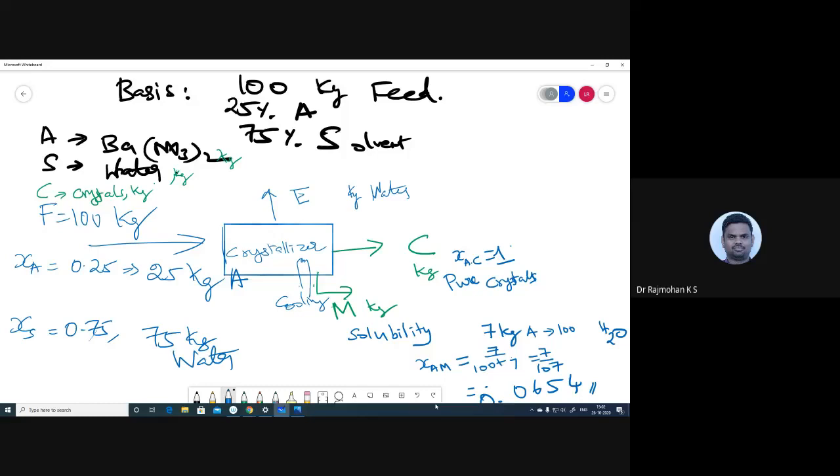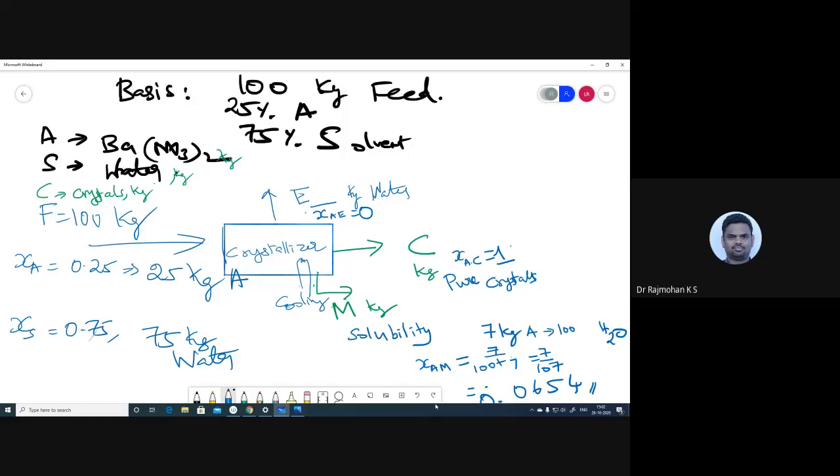Okay, so we have the mole fraction of A in the crystal here, the mole fraction of A in the mother liquor here, and the mole fraction of A in the feed is 1. What will be the mole fraction of A in E? XA in E is equal to 0. Okay, it is assumed that only pure water will be evaporated. Solvent will be evaporated. The amount of solute present in the vaporized solvent will be negligible or 0. That is assumed. If it is specifically mentioned, we have to consider that.